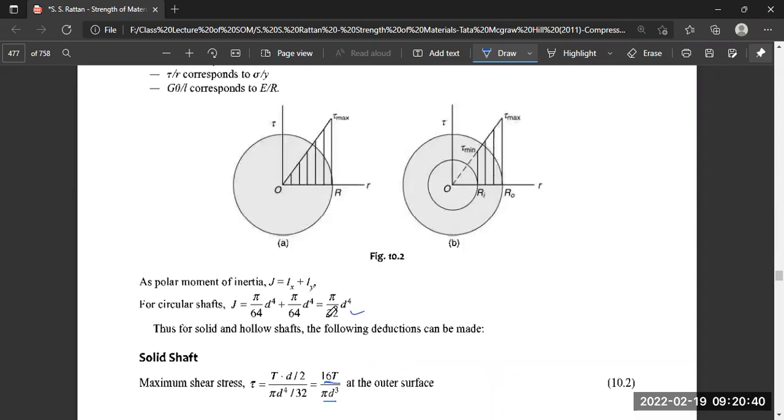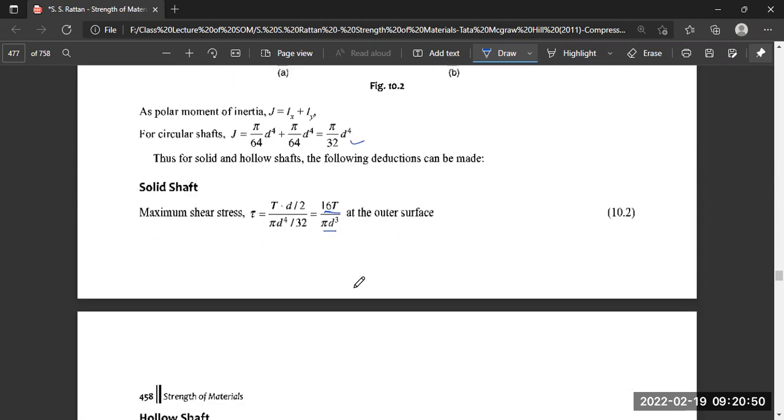For the solid circular shaft, the polar moment of inertia is pi by 32 d to the power 4. We have discussed this in the moment of inertia chapter. The maximum shear stress deduced from the torsional equation is tau equals 16T divided by pi d cubed at the outermost surface of the bar.